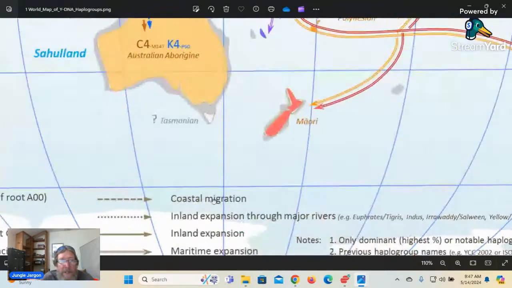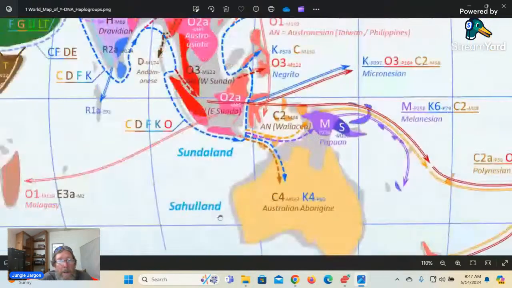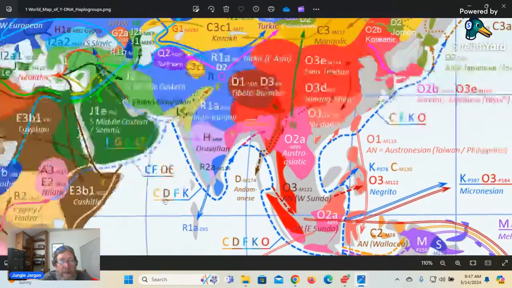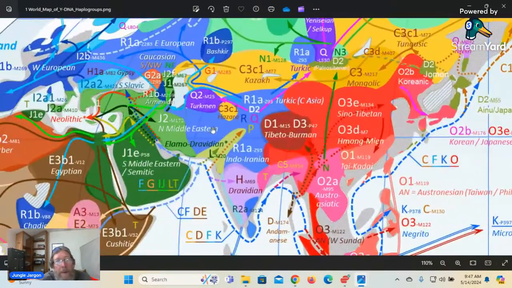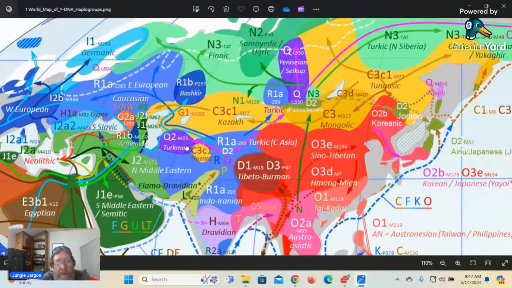What are the chances of having in the Middle East, basically, and of course this is just the places where they are today, the heaviest concentrations.